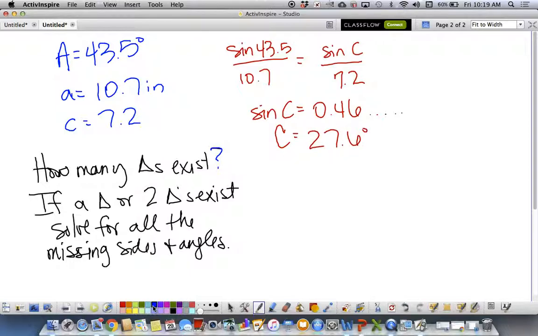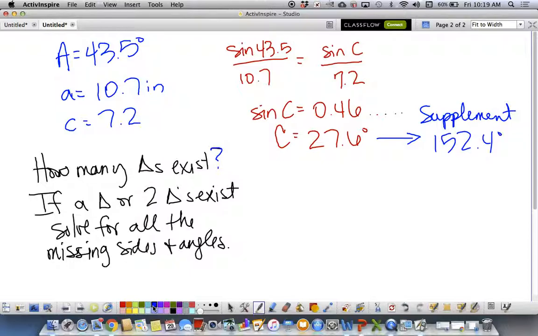We stop. We find the what? The supplement to angle C is what? 180 minus 27.6, and we get 152.4.